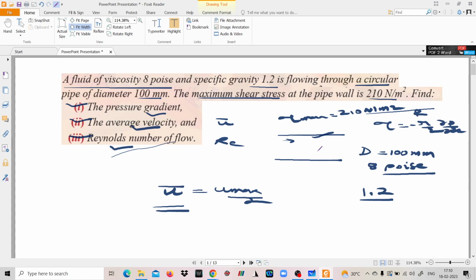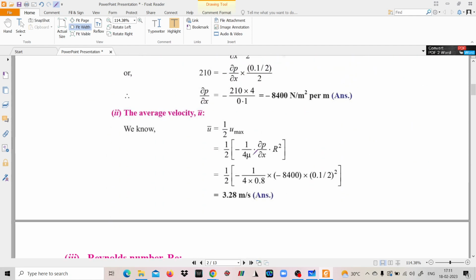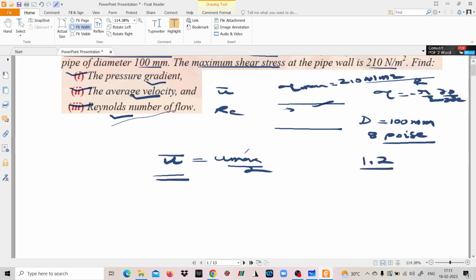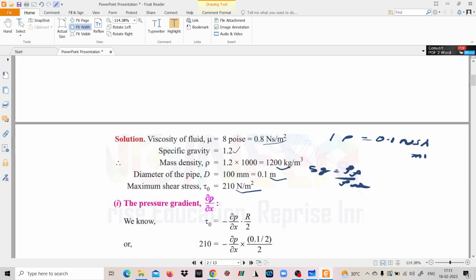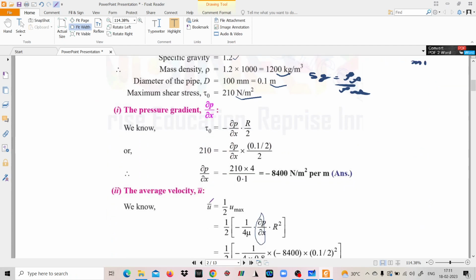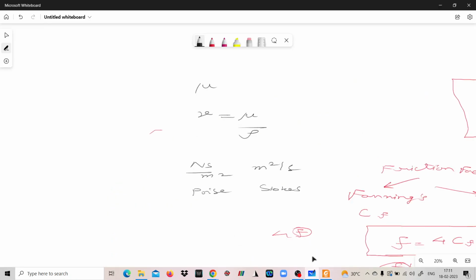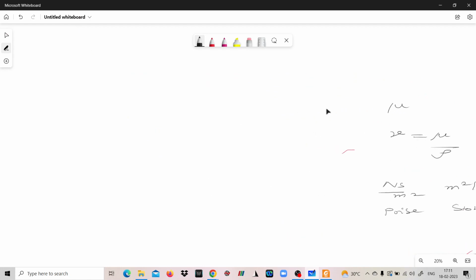For example, for this problem, if you need U average, you need the value of del P by del X, which is also not given to you. So that is the first part, the pressure gradient. Now, if you assume that the flow is laminar, then how can you obtain the pressure gradient? Tau max is equal to minus R by 2 del P by del X. Tau max is given to you, which is 210 Newton per meter square.